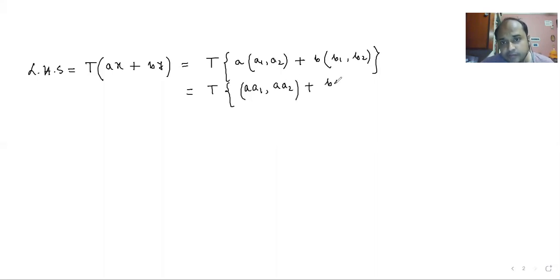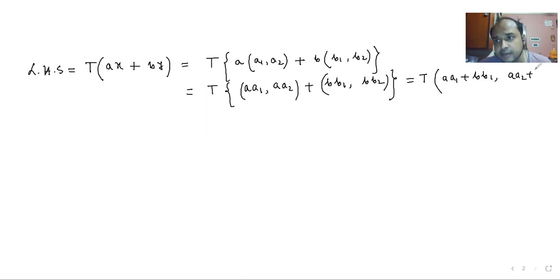And by coordinate-wise vector addition, we can write it as (a1 plus b1, a2 plus b2). Okay, you got my point?